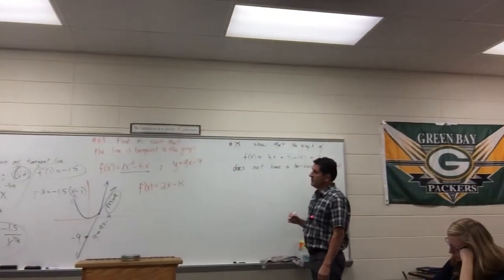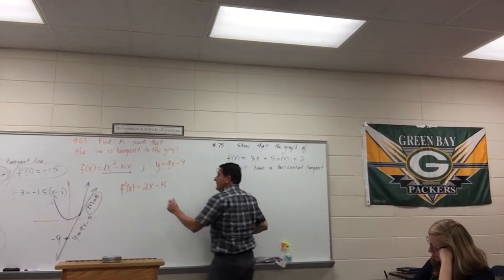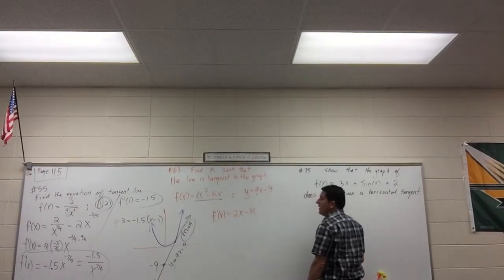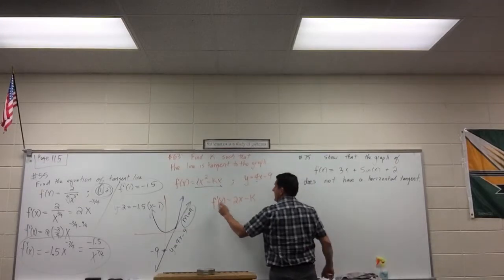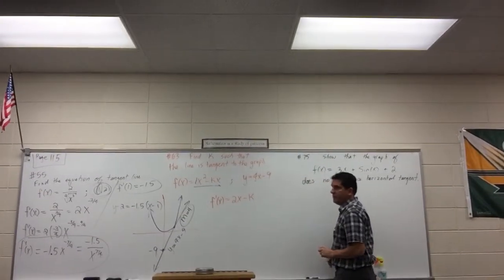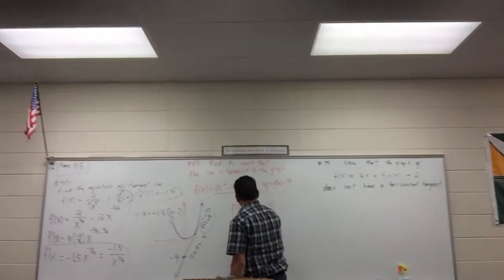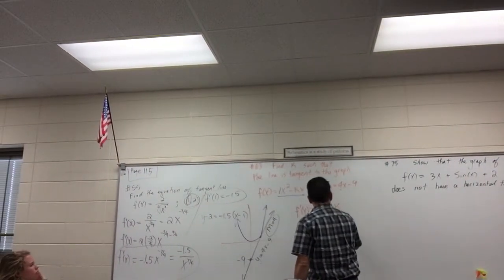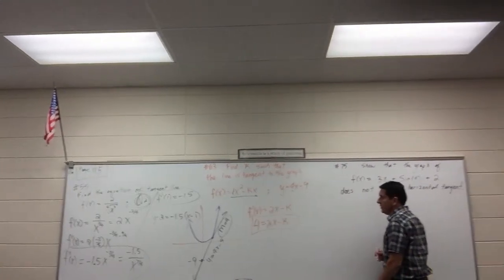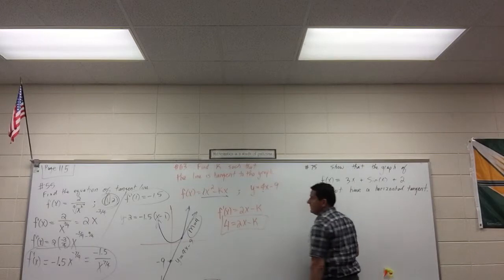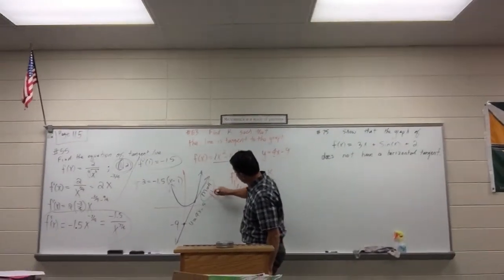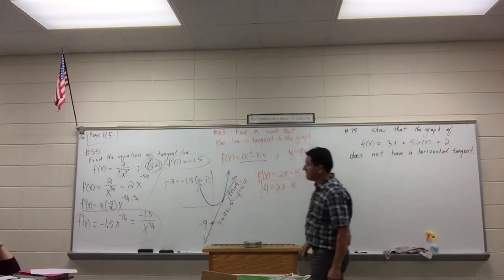If I take this derivative and I set the derivative equal to 4, I'm going to get closer to the answer. So I say 4 is equal to 2x minus k. The derivative has to equal 4, because the slope at this point, f prime, has to also equal 4.